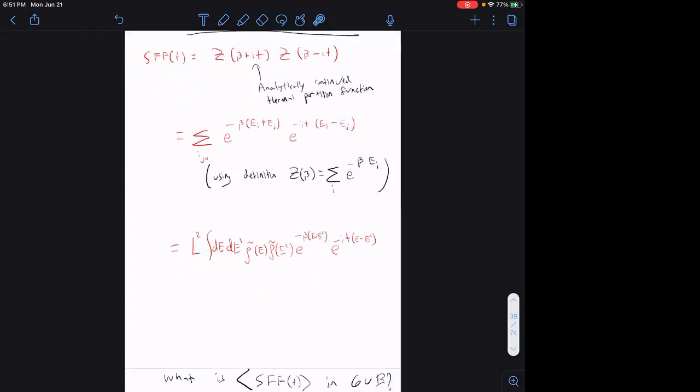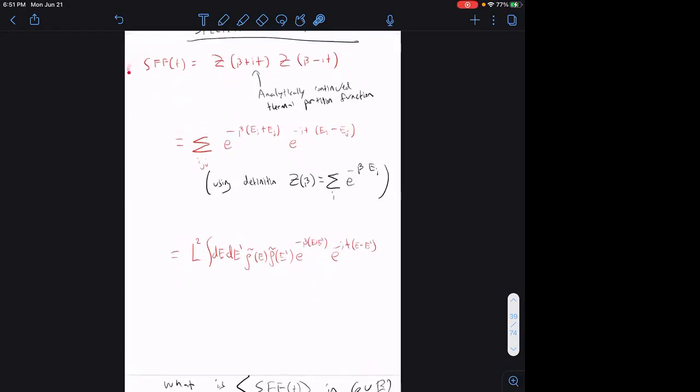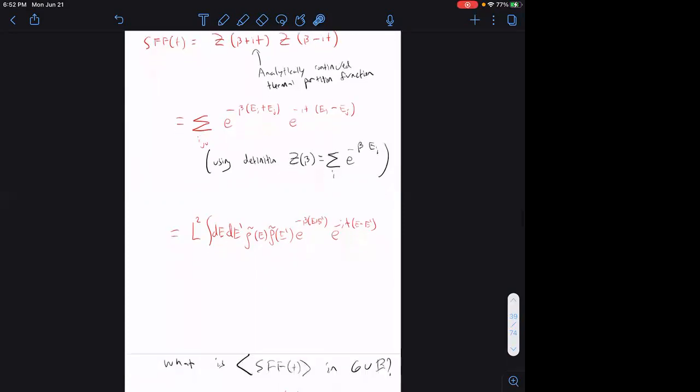So basically, if you take the spectral form factor, a function of beta and t, and you do inverse Fourier transforms, you'll find the product of the densities. So the spectral form factor is like a Fourier transform and a Laplace transform of the pair correlation function that we talked about earlier.